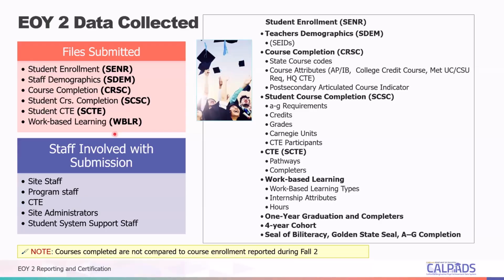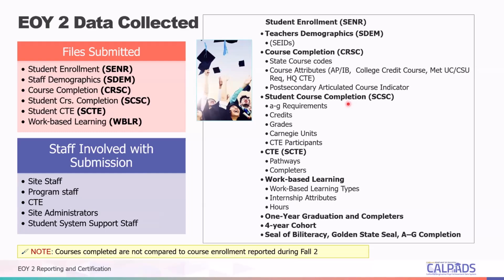So LEAs do not need to account for the same staff requirements or business rules that were expected during the Fall 2 submission. And to facilitate the collection of end of year 2 data, CalPADS coordinators must work with site staff, administrators, program staff, and the CTE folks.